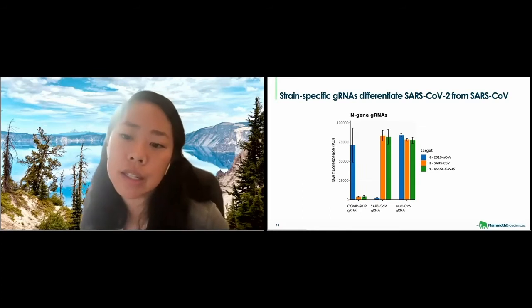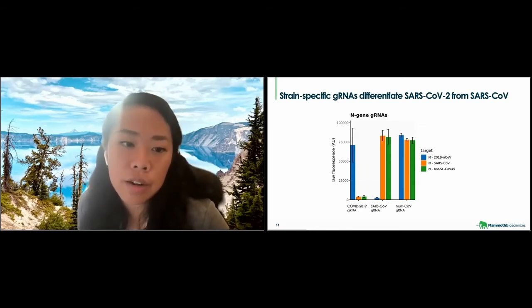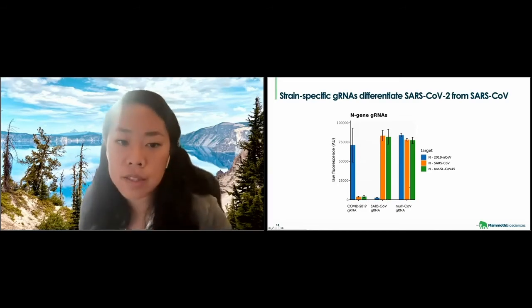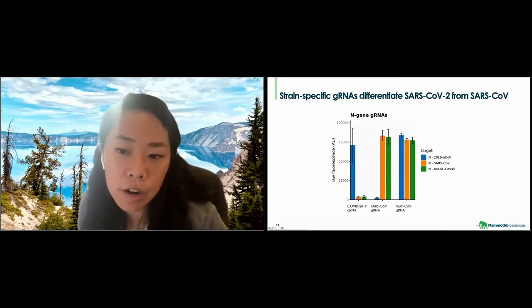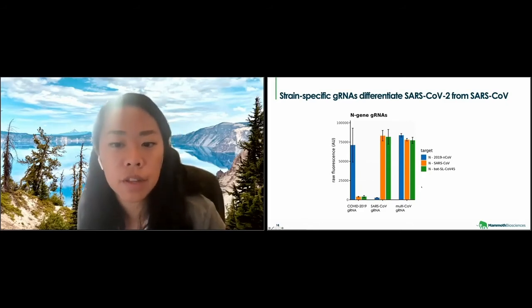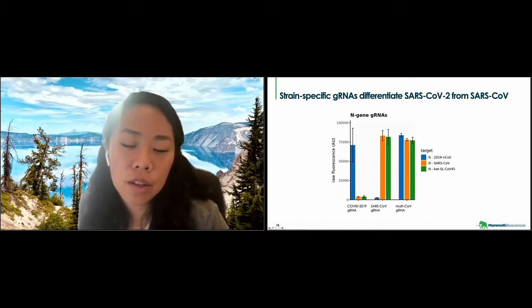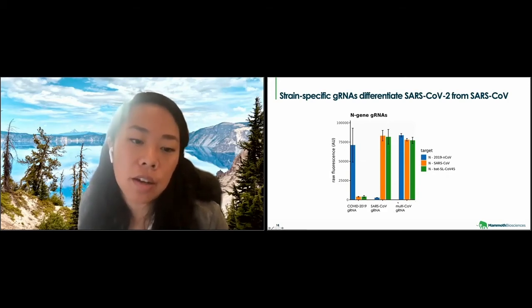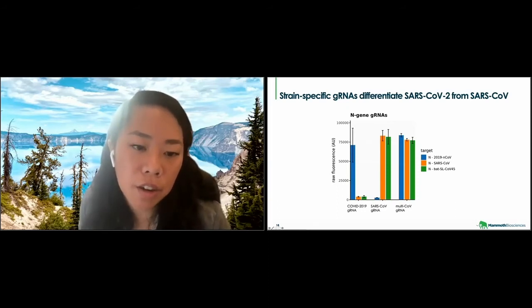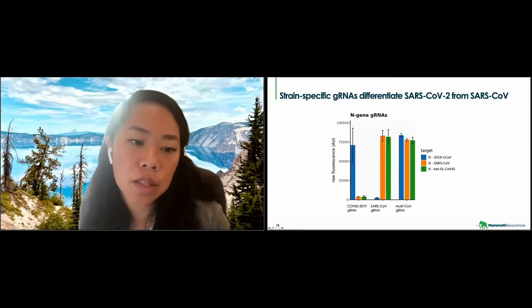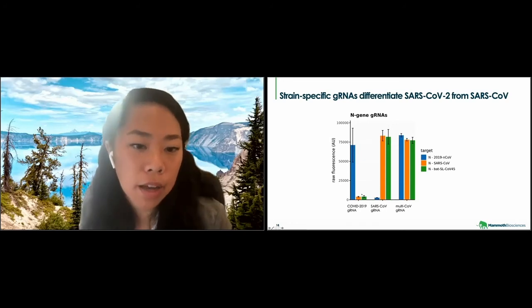And what you can see here is that we're able to design guide RNAs to distinguish these closely related strains, but in the same vein, we can also design guide RNAs that are capable of what we call broad spectrum targeting of these related strains. And this is another example of a pan-coronavirus detection strategy if the goal is to detect the presence of any coronavirus. So there is flexibility in a pan-coronavirus detection as well as a strain-specific detection using modified guide RNAs.